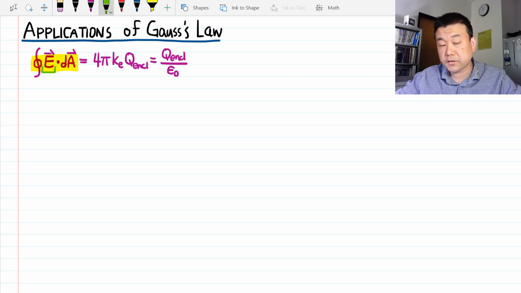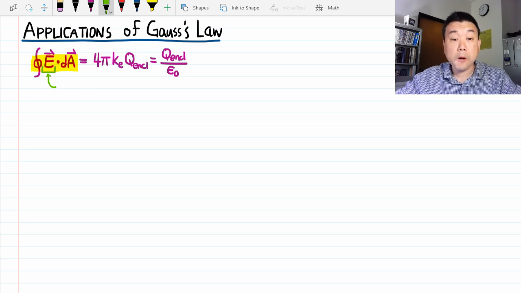Gauss's law has electric field in it, so it looks like it might be useful in finding electric field. But the challenge here is that this is inside an integral. As you might remember from your calculus class, when you have an unknown function inside an integral, it's really difficult to solve for that unknown function.